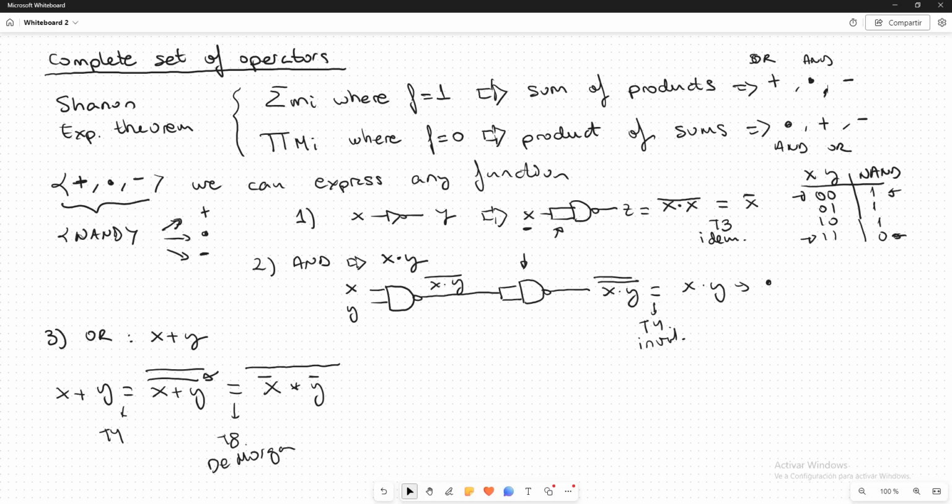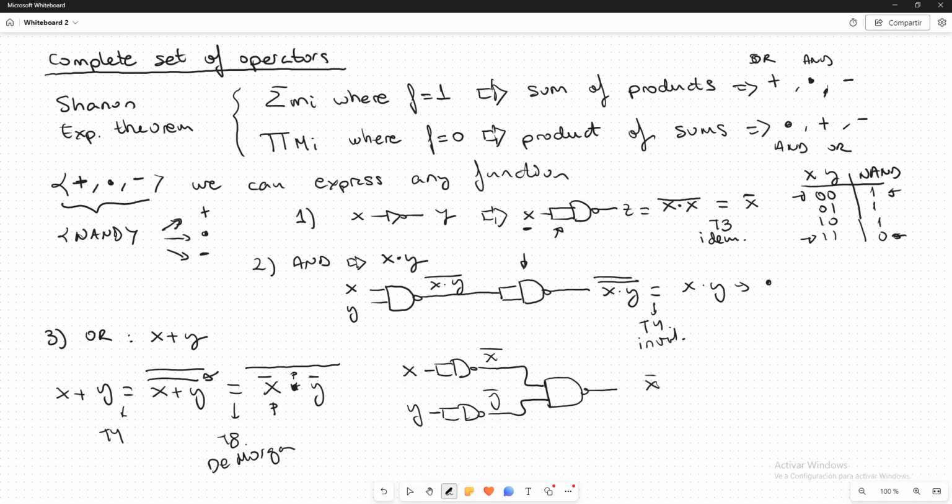Okay, and this is an inversion of the variable that can be done with a NAND gate, and this is a negated product that is a NAND gate. So here we have an expression that can be implemented only using NAND gates, so we are going to do it. We have X, we are going to negate X with a NAND gate. This is Y, we are going to negate Y, and finally we are going to pass this through another NAND gate.